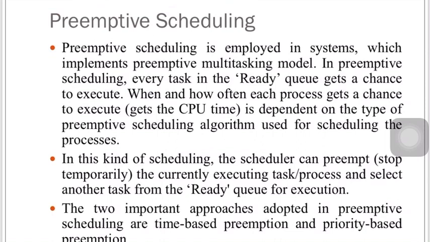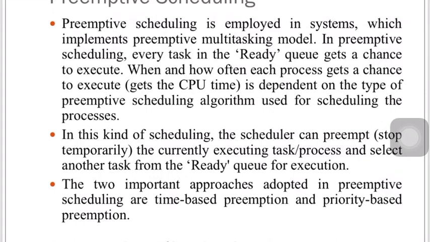Just try to understand this. In this kind of scheduling, the scheduler can preempt the currently executing task or process and select another task from the ready queue for execution. Simply, if the scheduler can stop a particular process or thread, that is what we call preemptive.